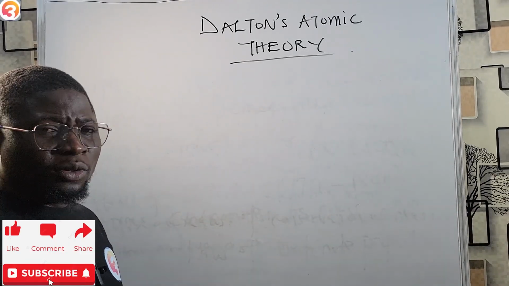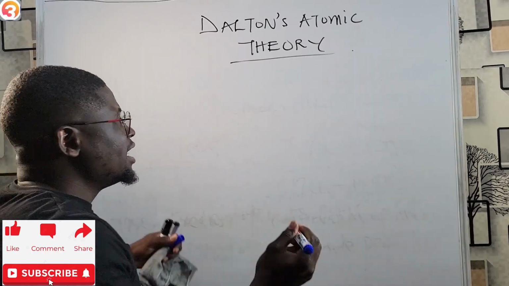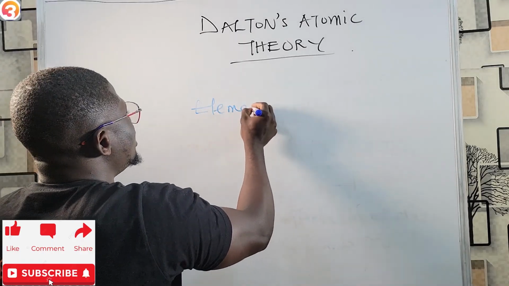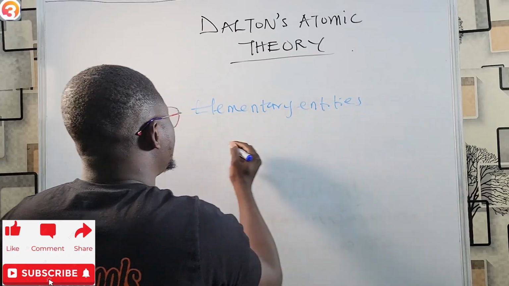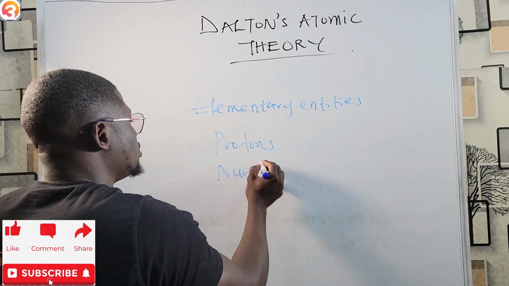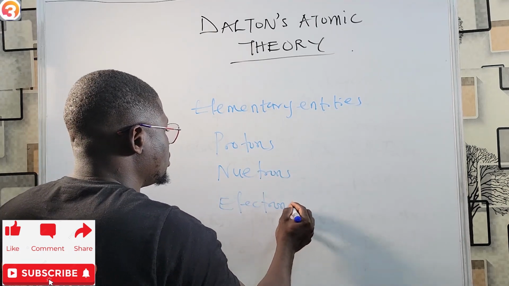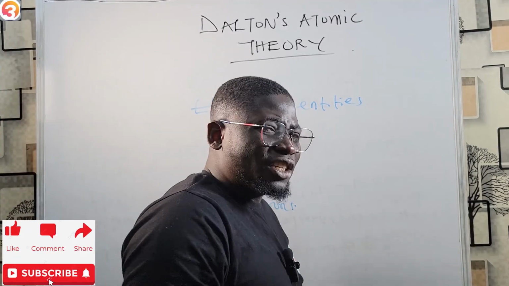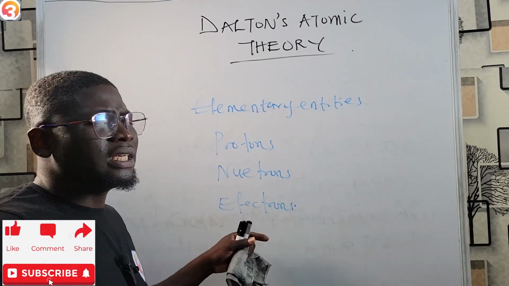Present knowledge has made us know that an atom can still be further subdivided into elementary entities such as protons, neutrons, and electrons.